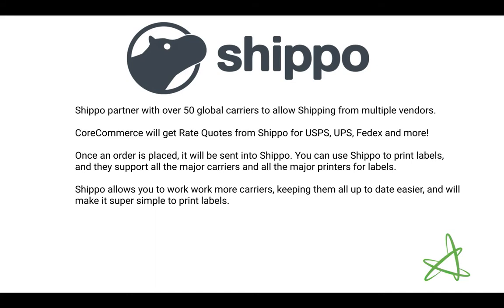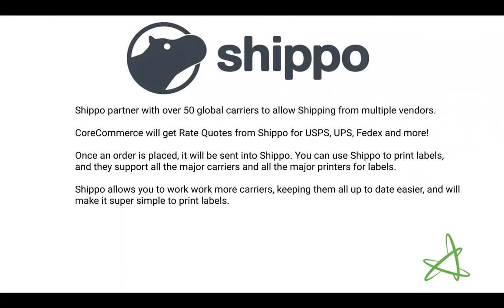In CoreCommerce, currently what you have now is, for example, a direct integration with FedEx, a direct integration with UPS. But we can't leverage the discounts from UPS that Shippo can, because Shippo is a much bigger provider that has agreements in place with these carriers to provide them with discounted rates.